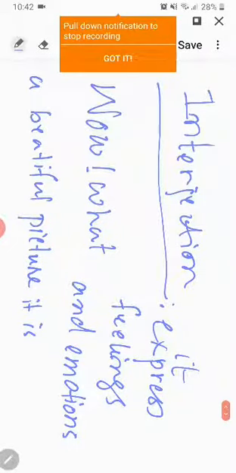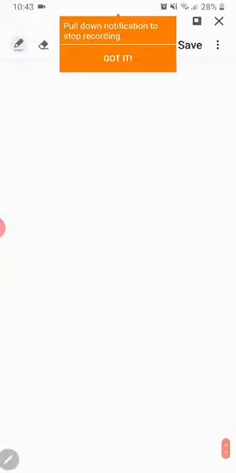In this sentence, the interjection word is wow. It is expressing feelings of joy and happiness. In some cases, we are not feeling happy. We are feeling sad. To show such feelings, we use words like alas.